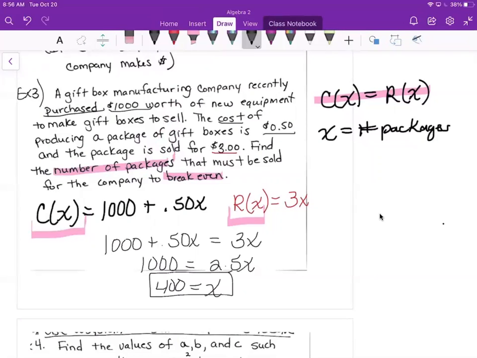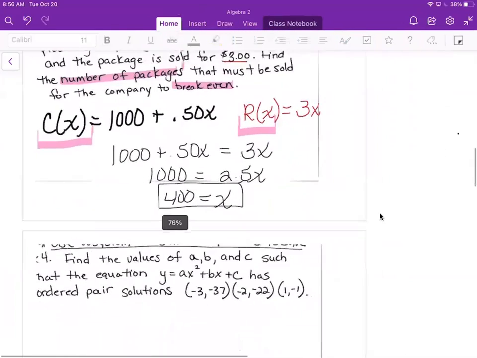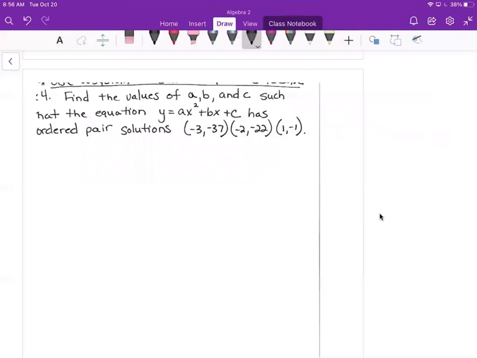All right, our last example is going to deal with solving systems with 3 variables. So let's go ahead and read the last example together. It says, find the value of A, B, and C such that the equation y equals ax squared plus bx plus c has ordered pair solutions (-3, -37), (-2, -22), and (1, -1).